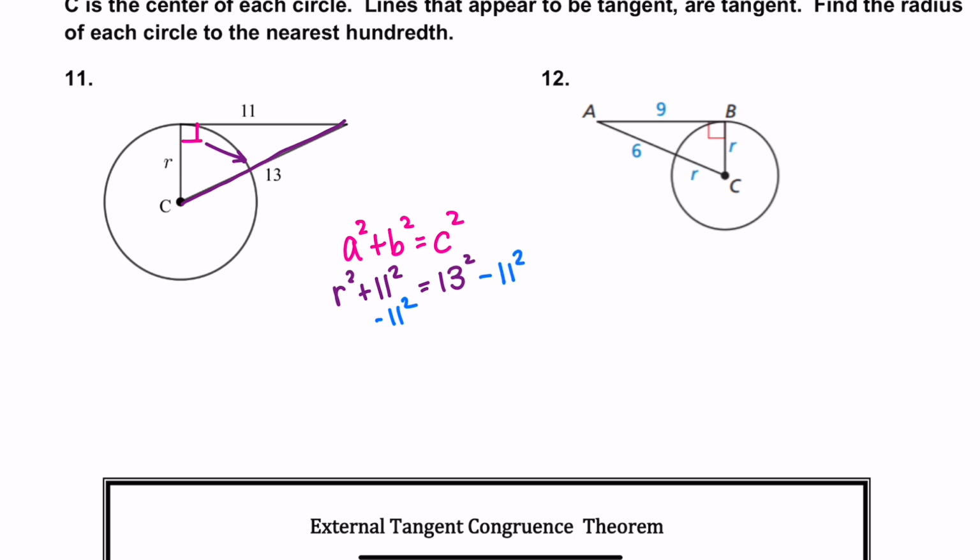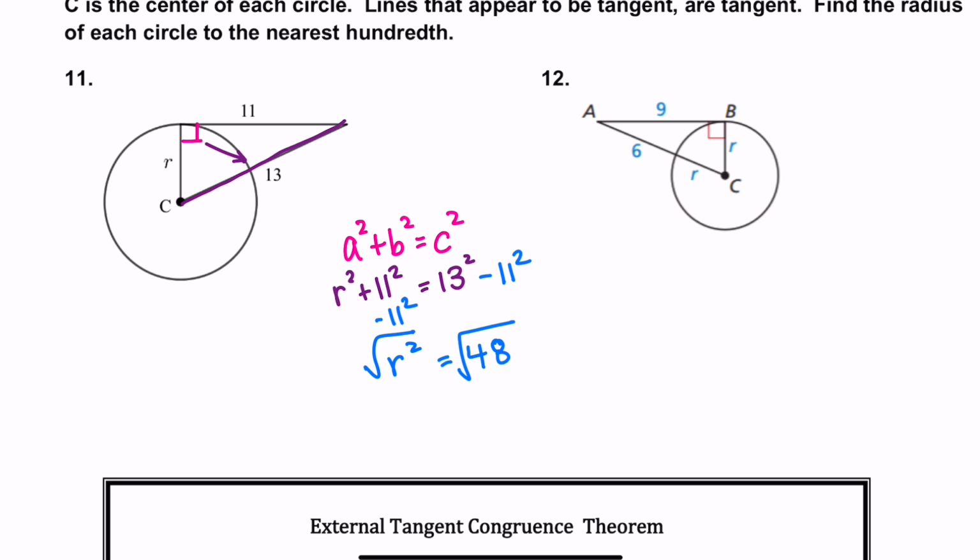Now make sure that you do not write that this is 2 squared. You cannot subtract 13 minus 11 first because order of operations says we have to do exponents before we do addition and subtraction. So we're just going to type it exactly into our calculator just as is, and we get 48. Now if I take the square root of both sides, normally when I take the square root of both sides, I need to remember a plus or minus. But since this is a radius, there's no way you can have a negative measurement for a radius.